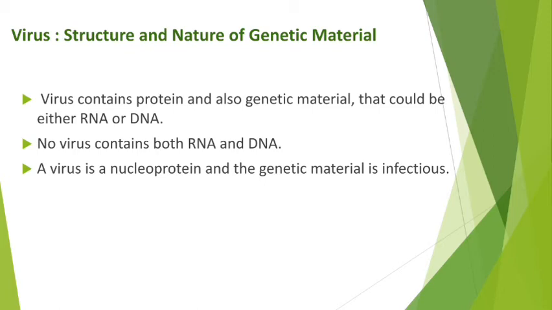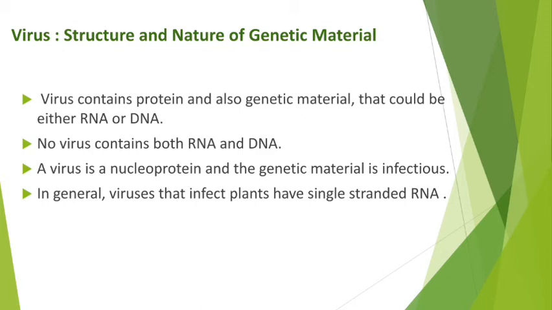Then, my dear student, in general, viruses that infect plants have single-stranded RNA. So viruses that cause disease in plants are mainly single-stranded RNA. Plant viruses we may consider always single-stranded RNA, in general cases.